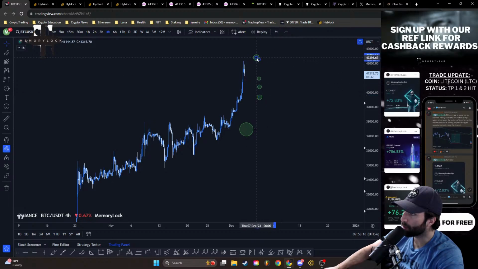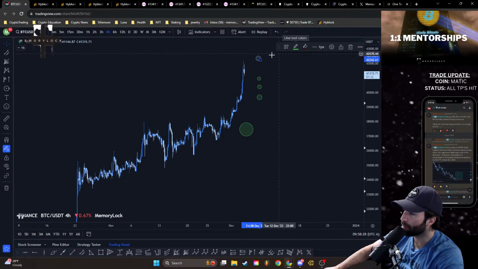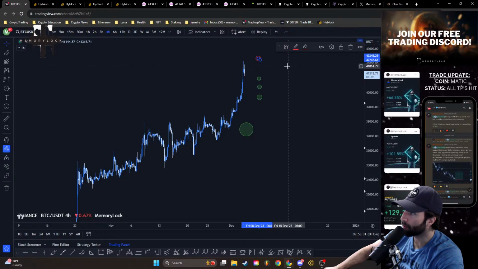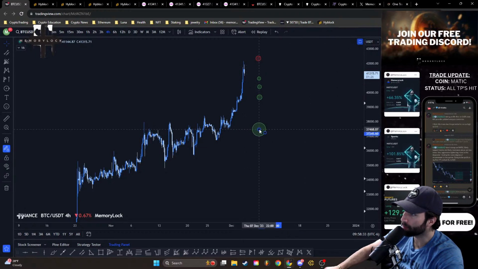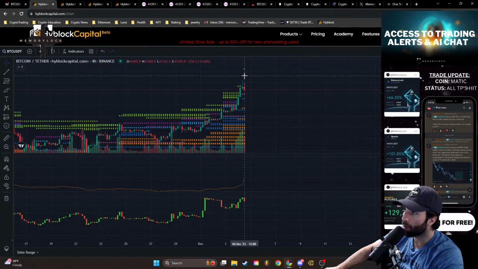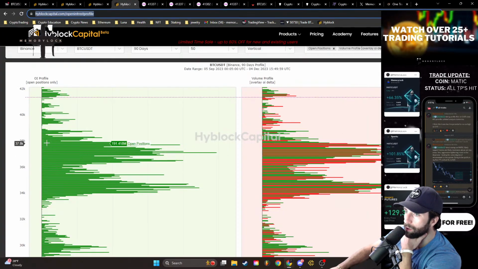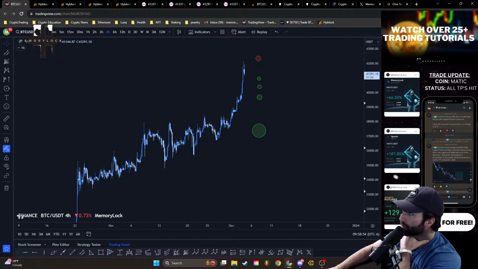These ones are all pretty small, and this is the key one here. That's also where we have some nice support on open interest.